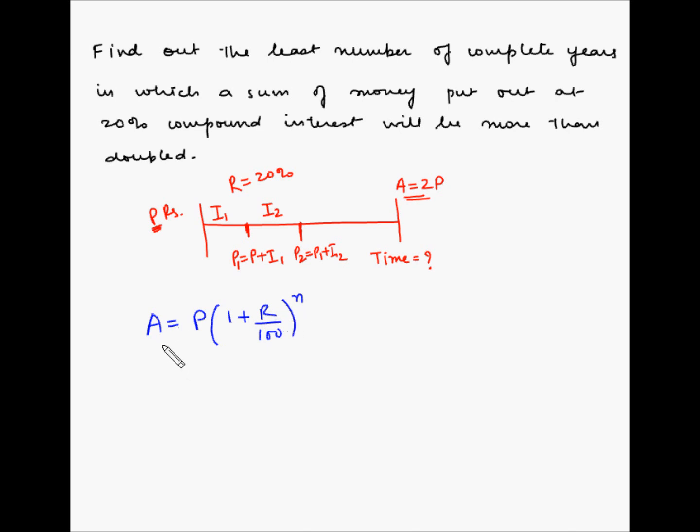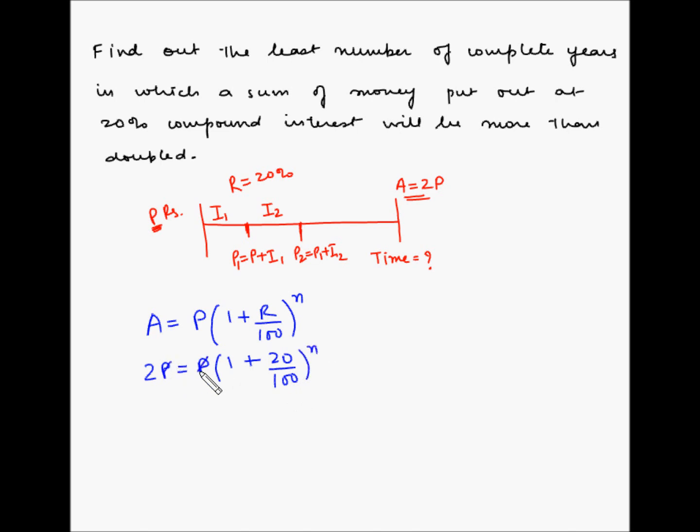So let's fill in the values that we know in this example. So amount is expected to be twice the principal, and this is equal to principal multiplied by (1 plus R, and R is 20, divided by 100) to the power n.